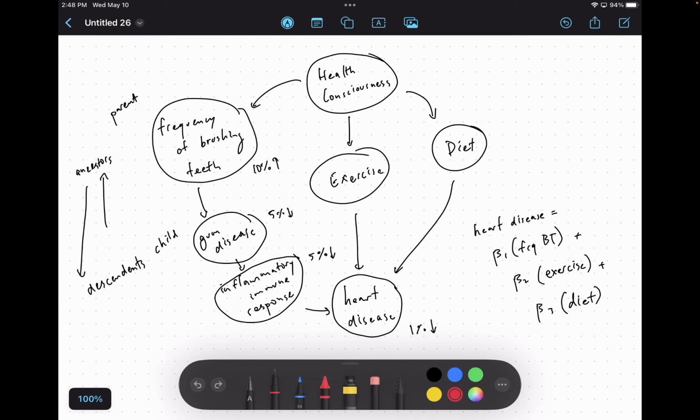Now, going back to reality, if we had a big data set on heart disease, frequency of brushing teeth, exercise, and diet, and we ran this model, what do you guys think about the causal effect as described by beta 1 of frequency of brushing teeth on heart disease? Are we good to go?